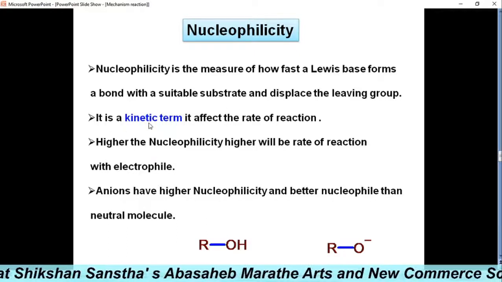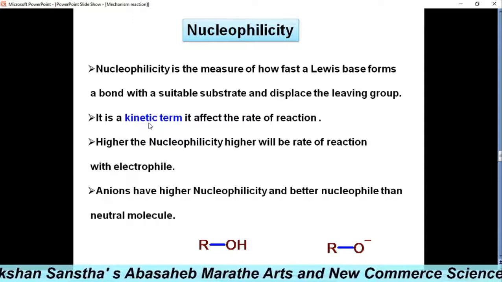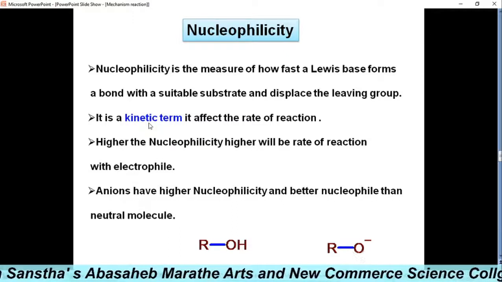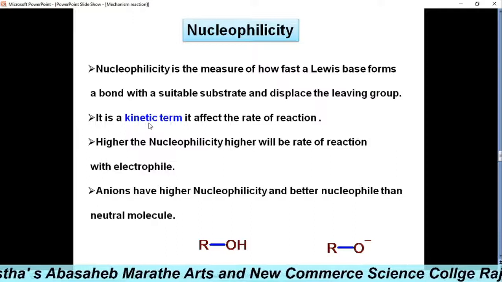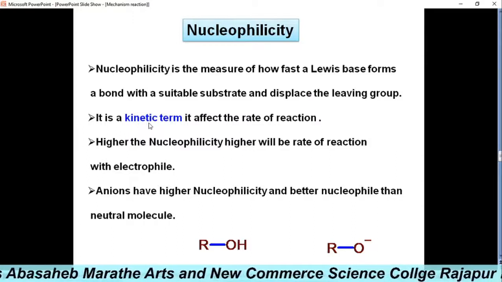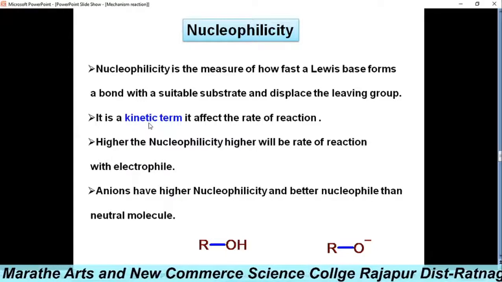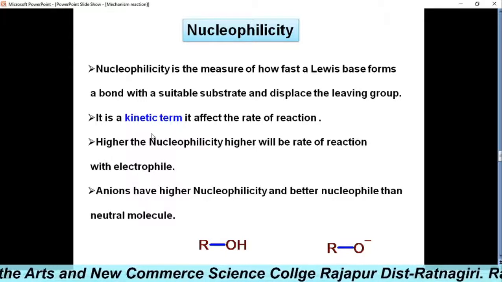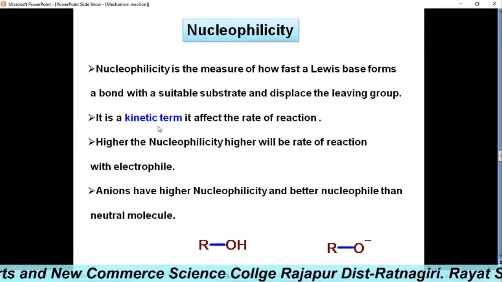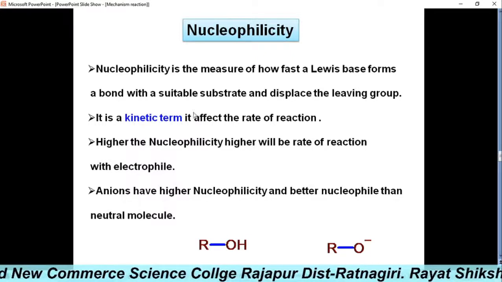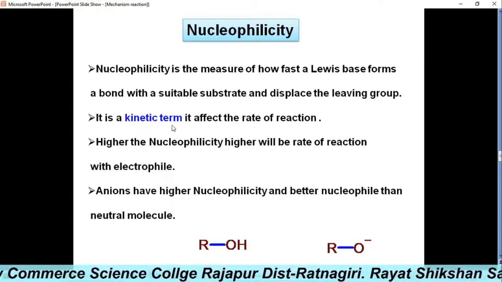Nucleophilicity is a kinetic term. Sorry, basicity is a thermodynamic term. Nucleophilicity is a kinetic term.